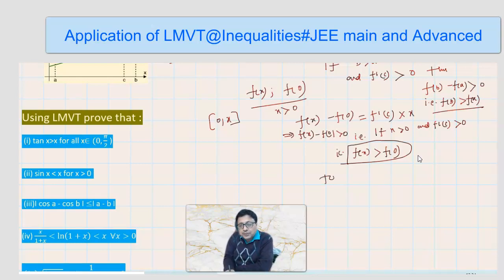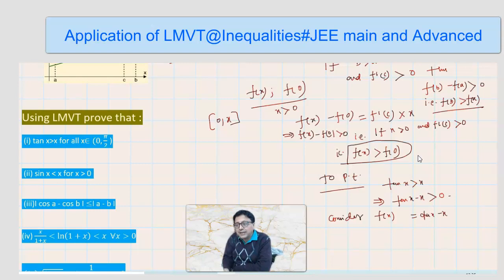To prove that tan x is greater than x, which implies that tan x minus x is greater than 0, we consider f(x) equal to tan x minus x in the interval 0 to x.